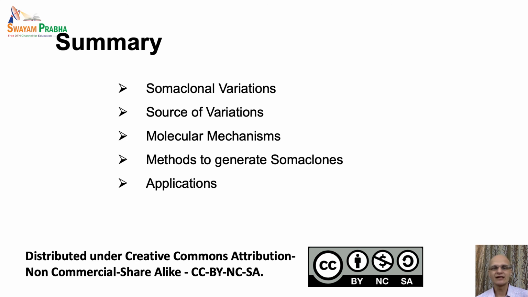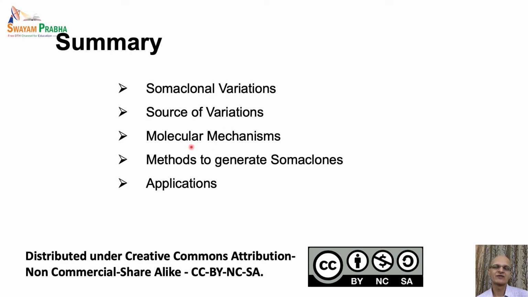So in summary, we talked about somaclonal variations. We learned about the sources of variation, where we discussed the pre-existing variability and the in vitro induced variations.